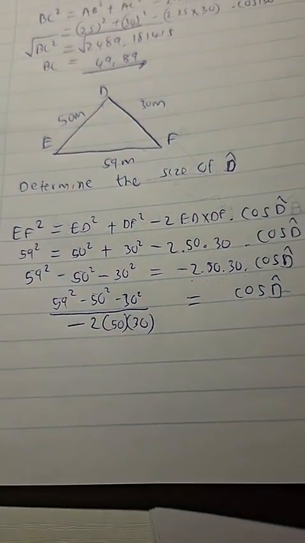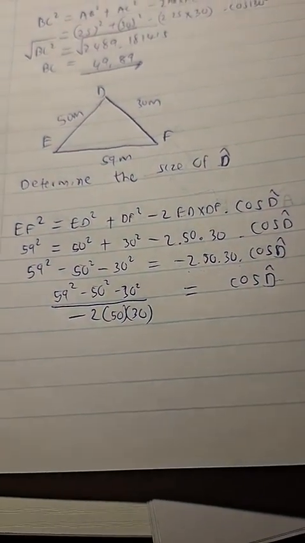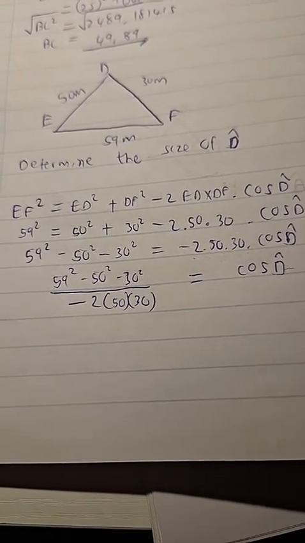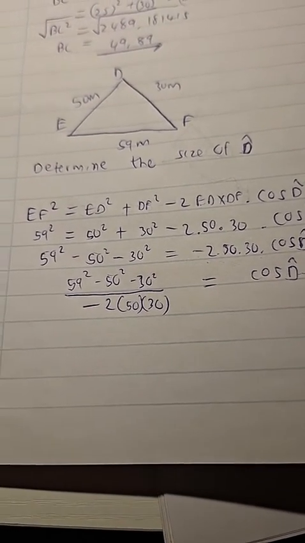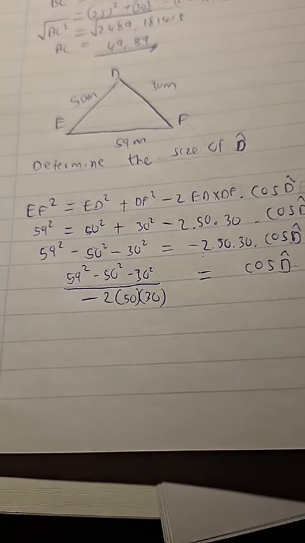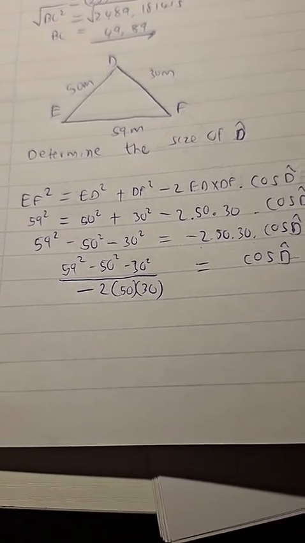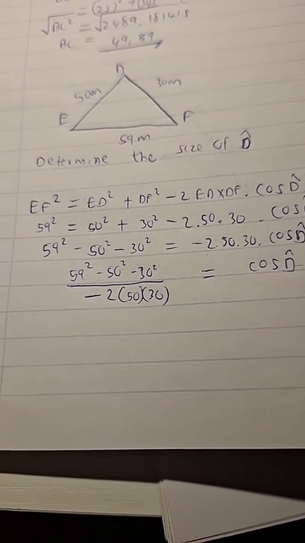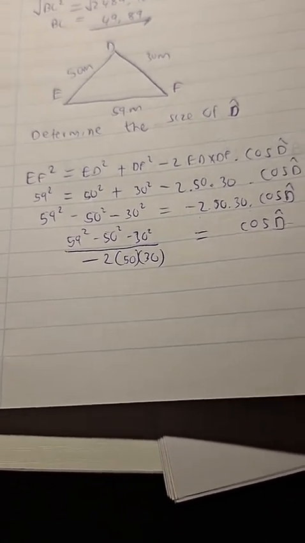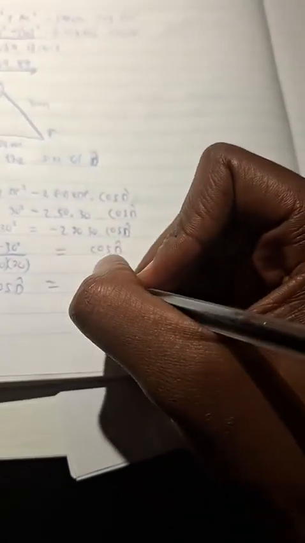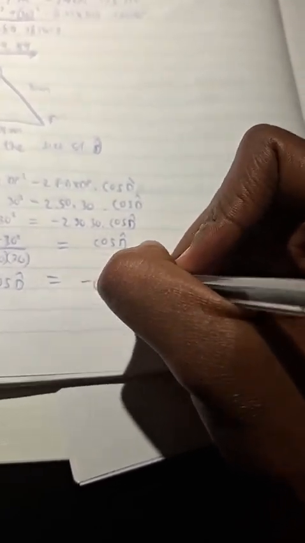You tell me. Negative 0. Okay, therefore cos of angle D is equal to negative 0,027.